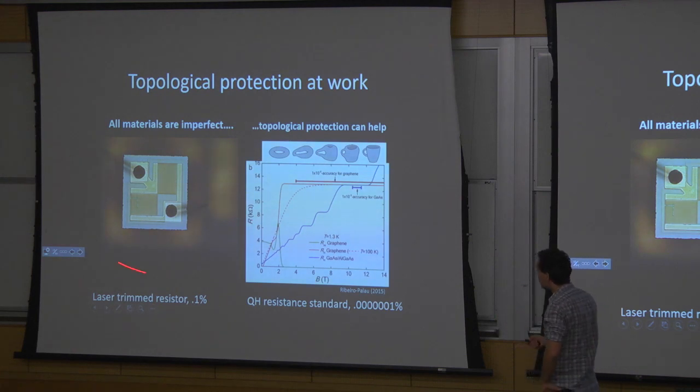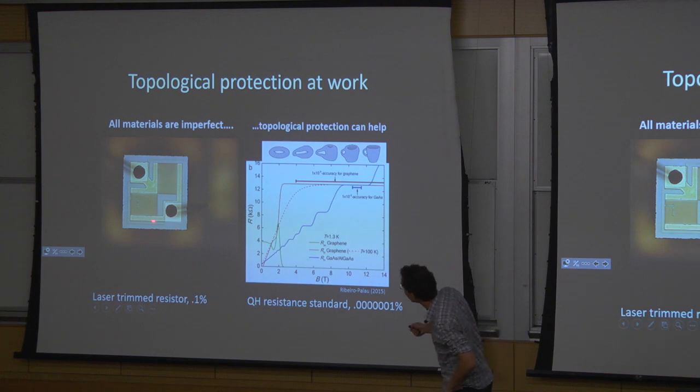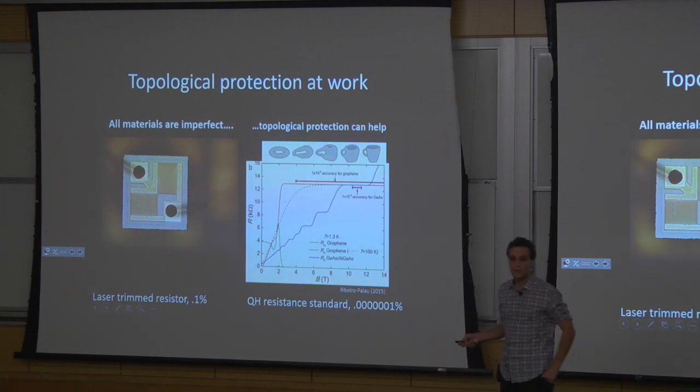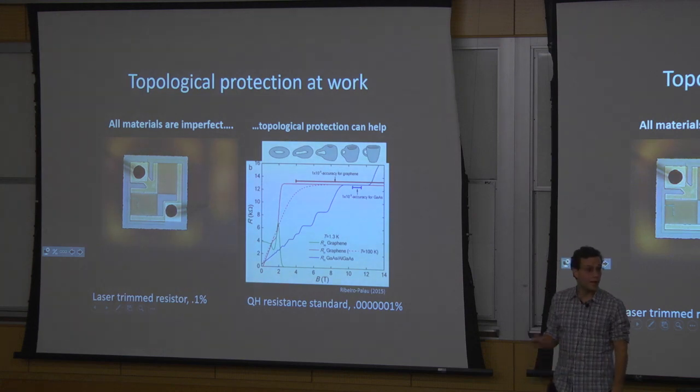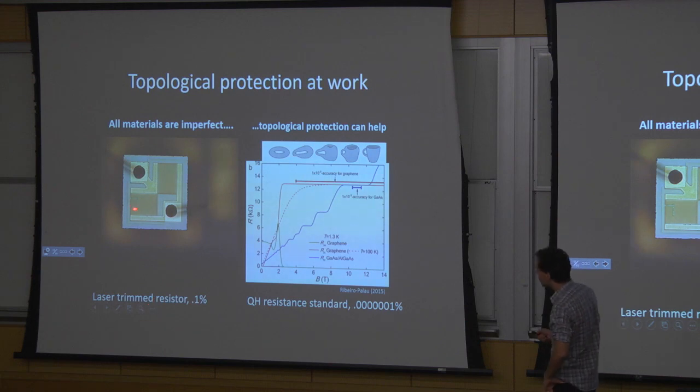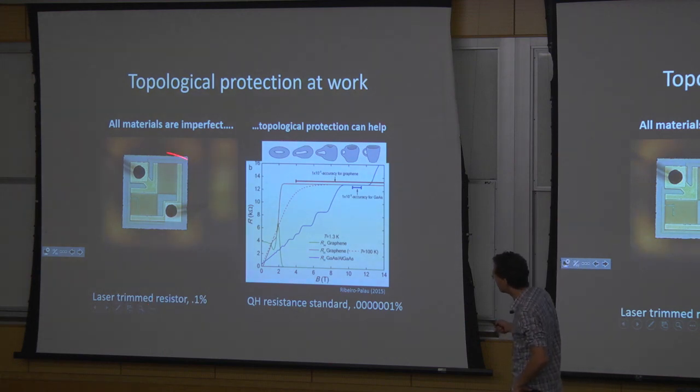So on the left here, I don't know how good the contrast is, but this is basically what you get if you buy a precision chip resistor, right? You want a resistor, it has a certain resistance, and you say, okay, I'm going to buy the most expensive one. Maybe it'll have 0.1% accuracy, maybe 0.01% accuracy, something like that. This is what you're going to get if you open up the package.